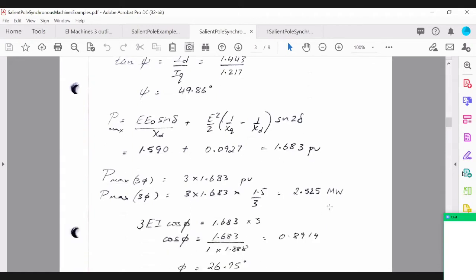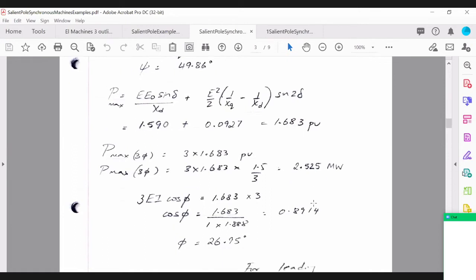So that's the maximum active power the generator can produce. And you can also work it out in actual value. I've converted it by multiplying by SB to get the actual maximum active power of the generator.